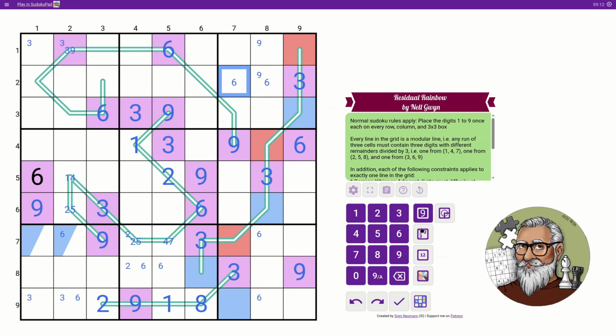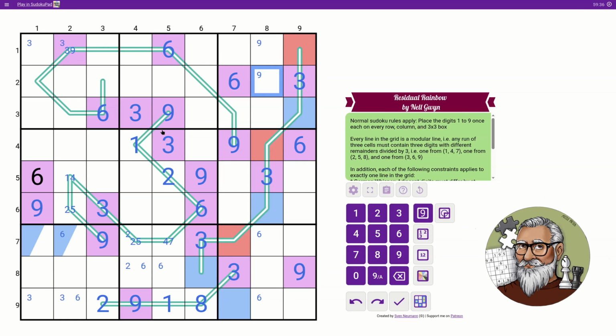And this becomes a 6. Right. I still need to figure out what the rest are, right?